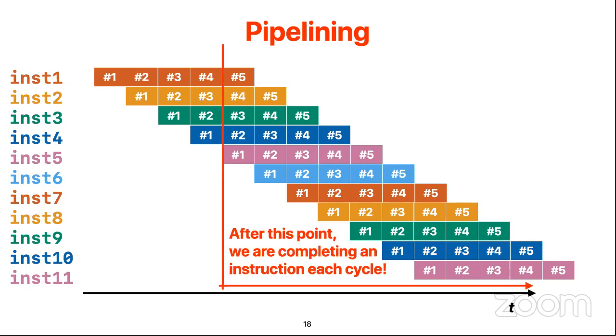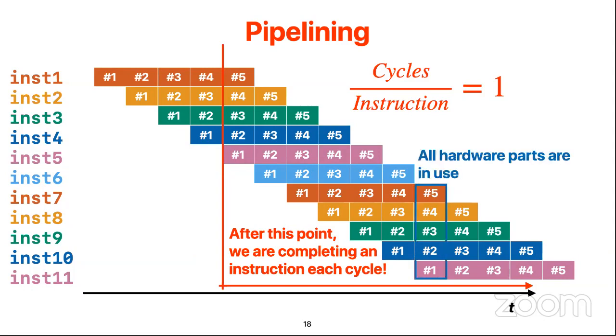So first of all, after a certain point, the processor is actually finishing an instruction each cycle. So what does that mean? If we can finish 1 instruction per cycle, then the average CPI of this pipeline processor is also 1.